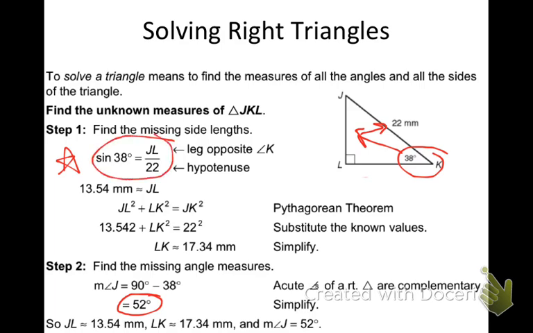And then once I have that, I can use sine, cosine, and tangent to find the other one, or I can also always remember to use the Pythagorean theorem. Either way you work these out, there's multiple ways. You just got to find whichever way is best for you. You can use sine, cosine, tangent. You can use the Pythagorean theorem. You can use the angles of a triangle adding up to 180. All of them work.